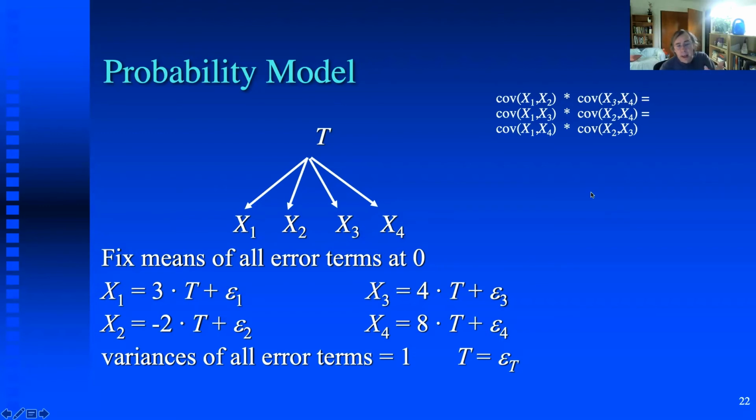So if I just gave you the complete PAG, it wouldn't tell you anything at all about whether this is the correct graph. It would have a gazillion different alternatives.